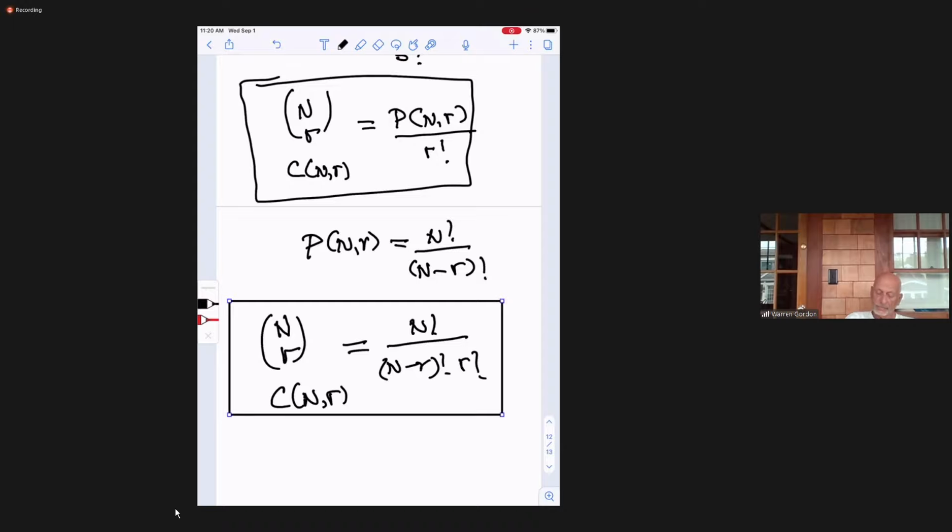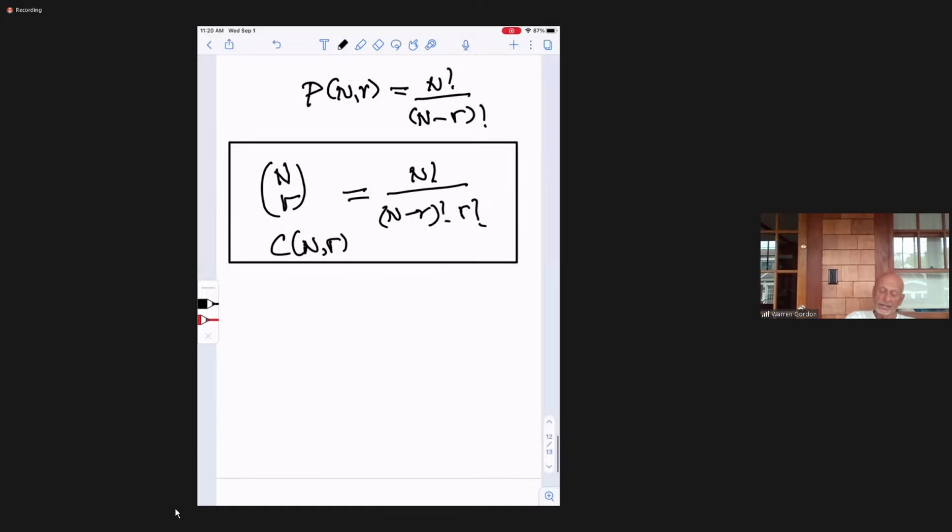Okay. So for example, if I wanted to compute the combination 7 choose 4, and by the way, this could say, how many committees of 4 can I choose from 7? According to this formula, it's 7 factorial divided by 4 factorial times (7 minus 4) factorial.